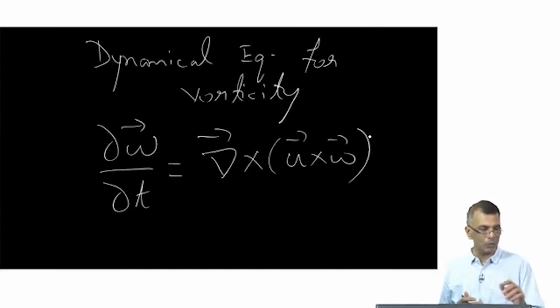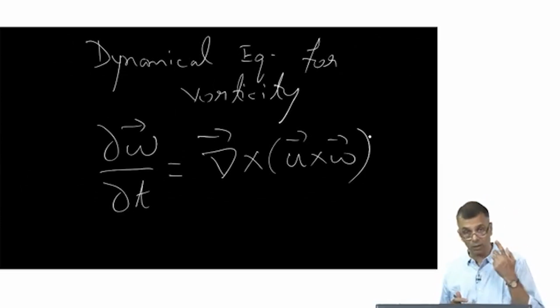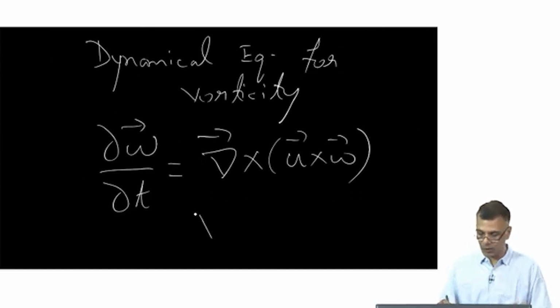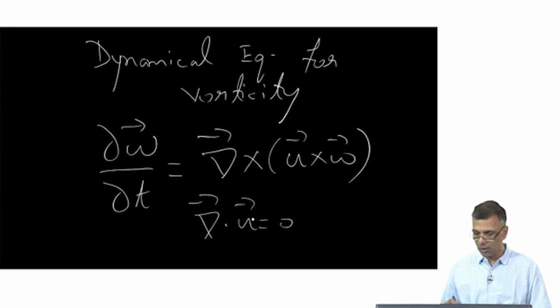And what's more, since all of this is for incompressible fluids, that already specifies the divergence of the flow, and this specifies the curl of the flow because omega is the curl of u.